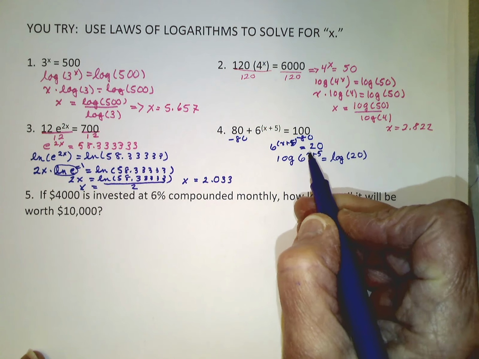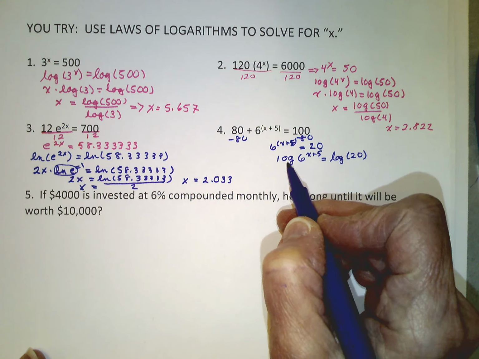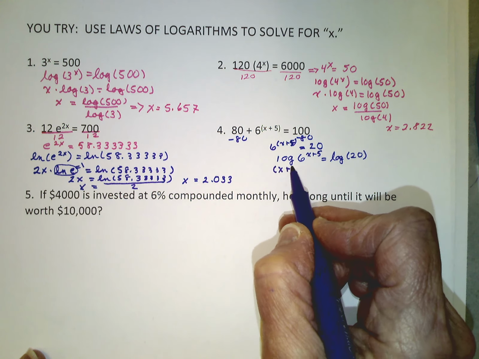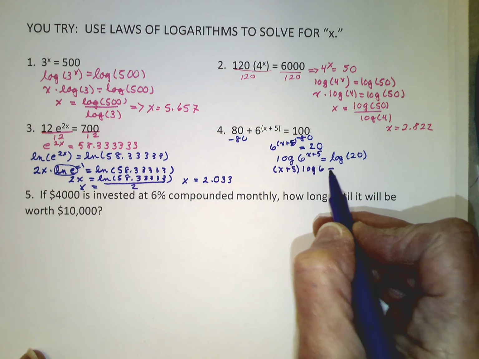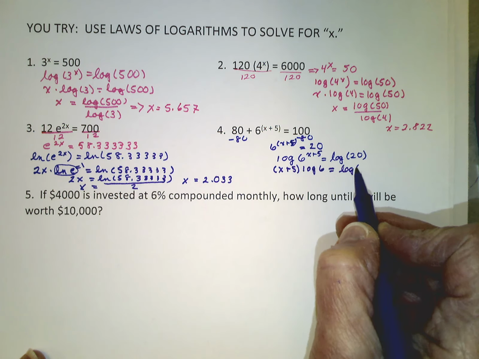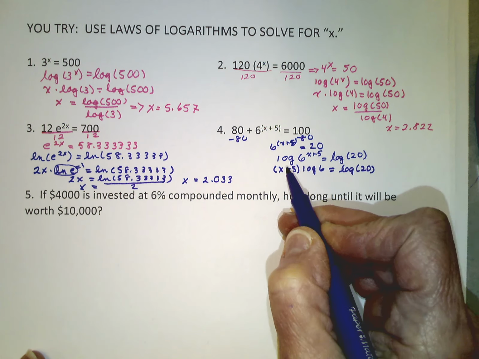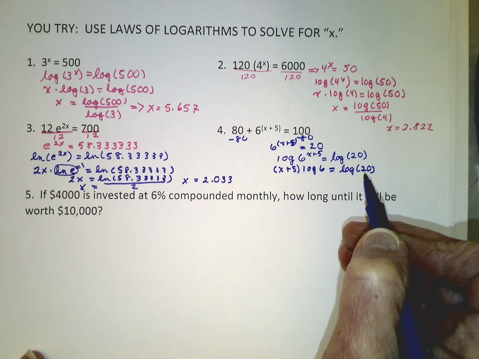And we can still write the exponent as a multiplier. We're taking a power of a power. We rewrite it as multiplication. And then to get the x plus 5 by itself, we're going to divide both sides by log 6.